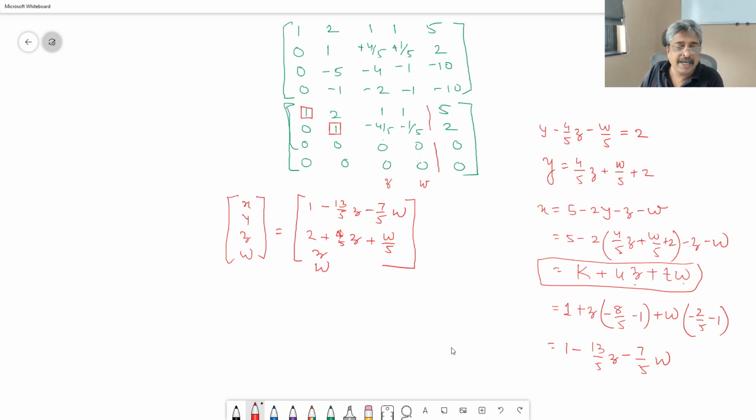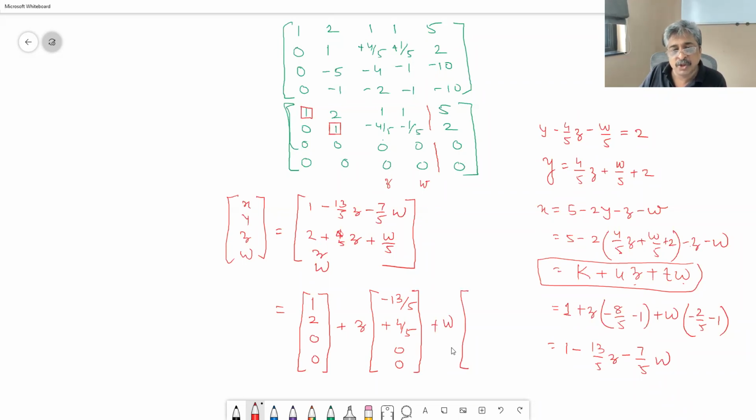Now this solution set can also be written as 1, 2, 0, 0 times constant plus z times minus 13 by 5 plus 4 by 5 0, 0 plus w times minus 7 by 5 1 by 5 0, 0.